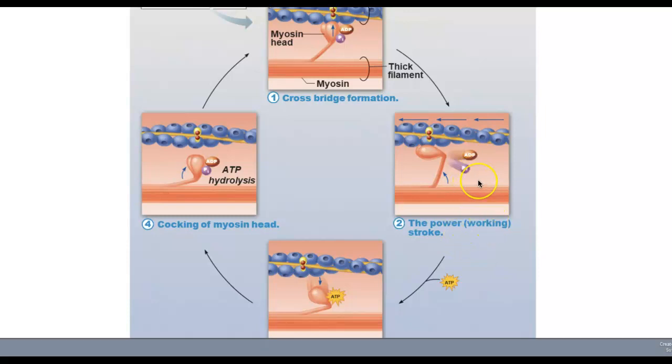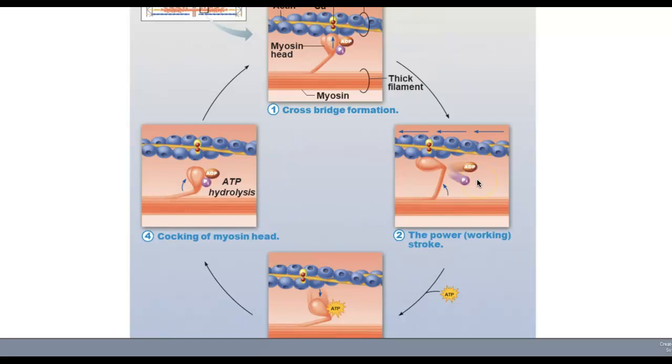So ATP has been hydrolyzed. That provided the energy for the cross bridge to form. Well, myosin still has some energy left over from that ATP hydrolysis. And what it's going to do with that is it's now going to pivot. So we see this little arrow here indicating that the myosin head has pivoted.